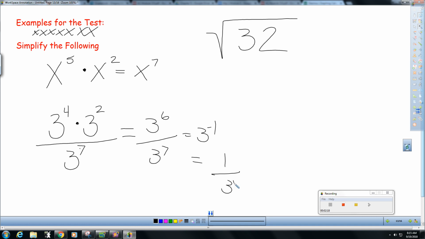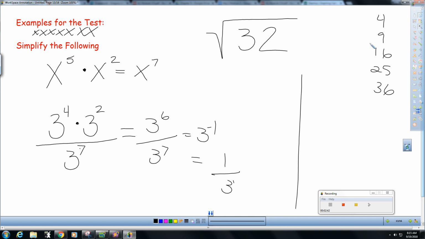Okay? Does that help? All right, square root of 32. There are two different ways you can do this. Okay, my way uses the perfect squares. So in my head, I have 4, 9, 16, 25, 36. I know those numbers. Okay, so I look at 32 and I'm like, ooh, 4 goes into that. 16 also goes into that.